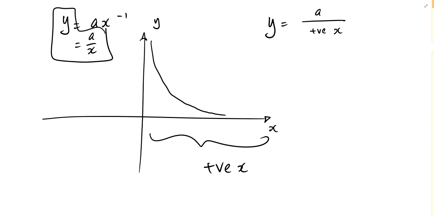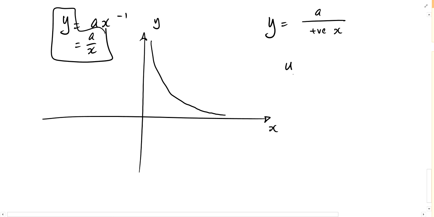Positive divided by positive, you'll get positive. So the graph is found above the x-axis. This is positive.